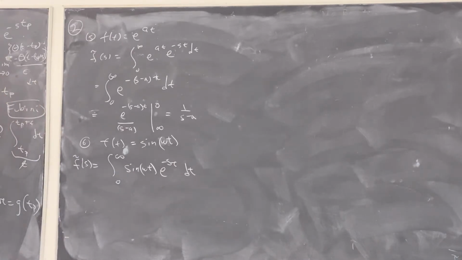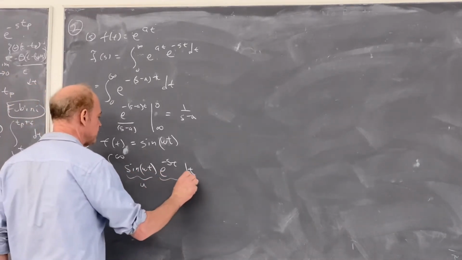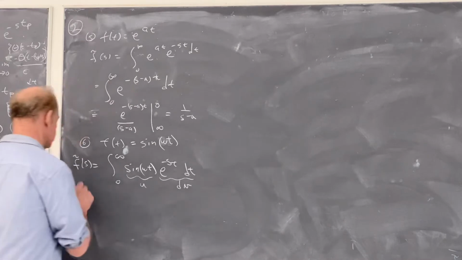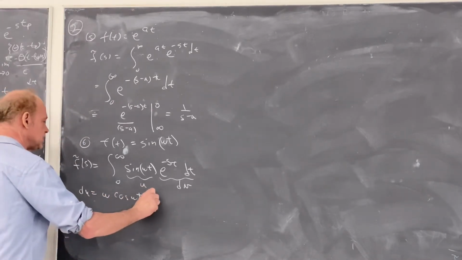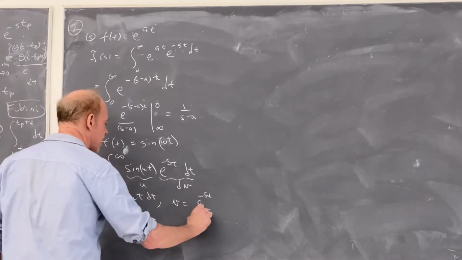Well, this one I can't do directly, so I'm going to integrate by parts. So I'm going to let this big thing be u, and this be dv. Or I could do it the other way around. So du is equal to omega cosine omega t dt. And v is e to the minus st over minus s.